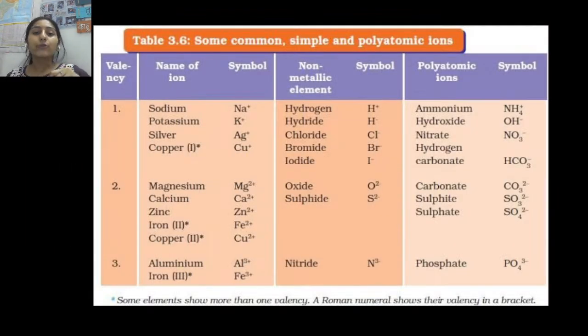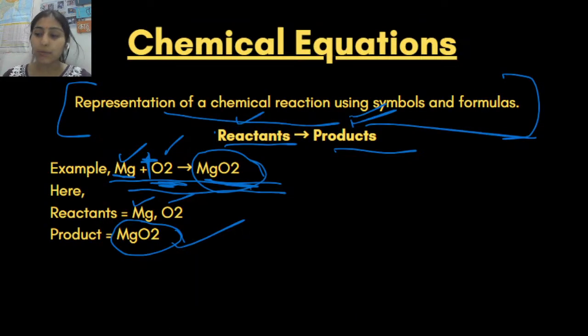So, you might have seen this particular table in your class ninth NCERT. This is to make you familiar with how we represent chemical equations. We know that we have to represent these chemical equations with the help of certain symbols and formulas.